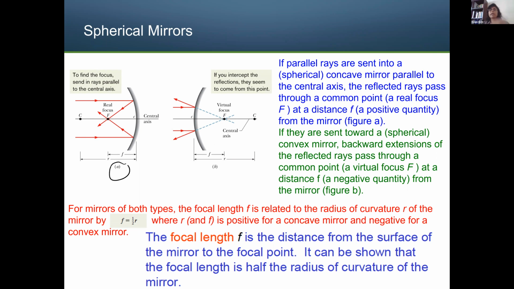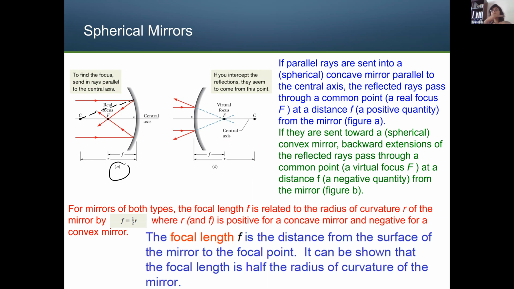You send parallel light to the mirror. When you send many rays parallel to the mirror, all the rays will reflect. You remember the reflection law that we discussed: the normal for your spherical mirror will be this. The normal will basically be the radius.